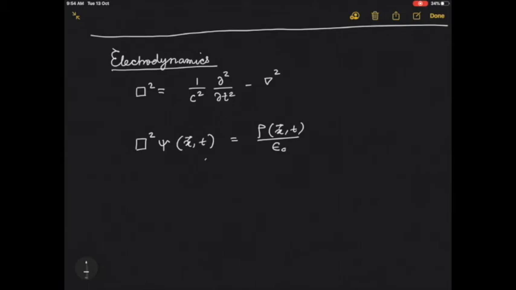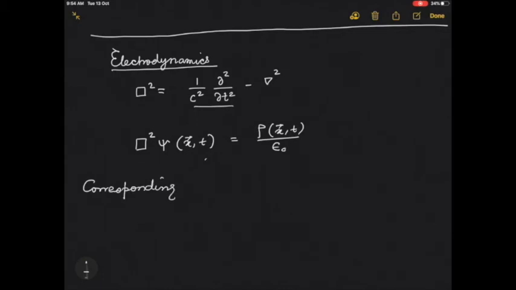It will have this form. You see, if I want to come to statics, the t dependence goes away from everywhere, and in the box square operator, the first term goes away, so the left hand side becomes minus grad square psi. So that's essentially again the Poisson equation.